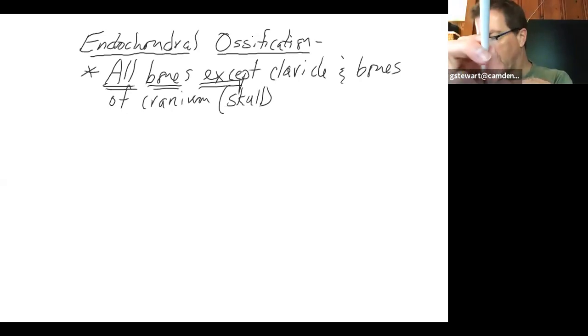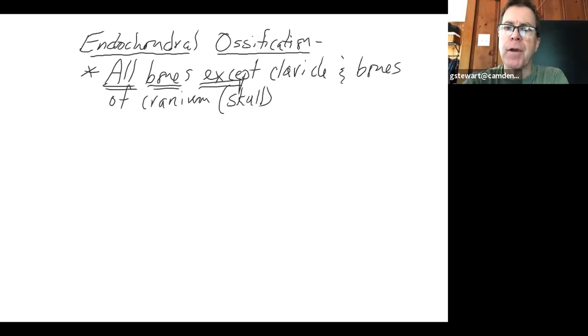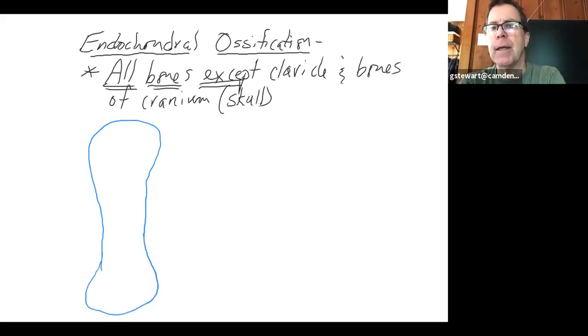That's step one. Now, I'm not going to list out every single detail of the steps like your book does. The reason is because that's all I'd have time to do today and I need to get going. Plus I'm not going to have you know every little bit of detail. And basically here's what happens. We start with a cartilage model. So if you were to look at somebody in utero while they're developing embryologically, if we do an ultrasound, for example, on a baby developing in the mother's uterus, you can see some sort of a skeleton start to develop.